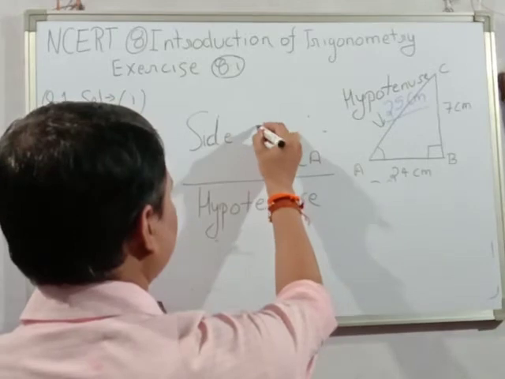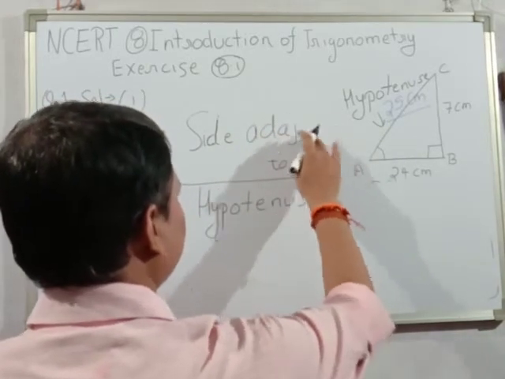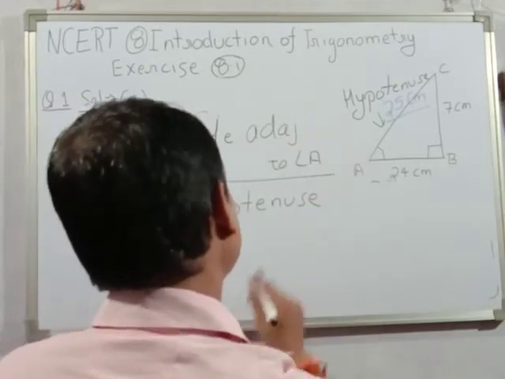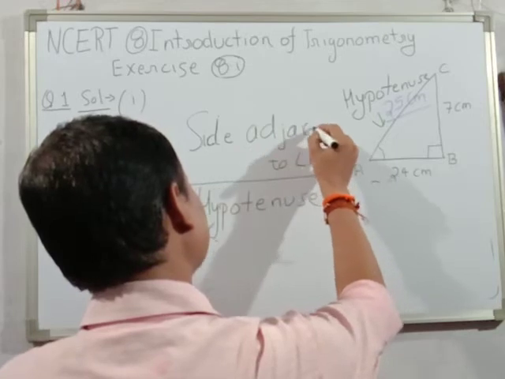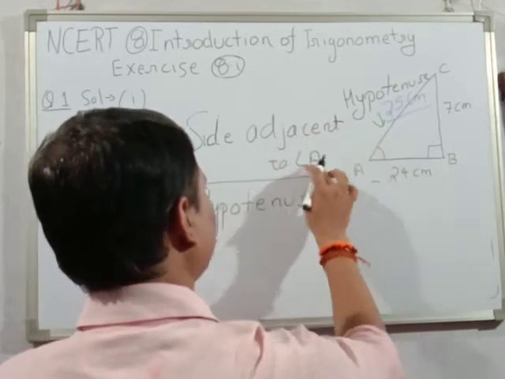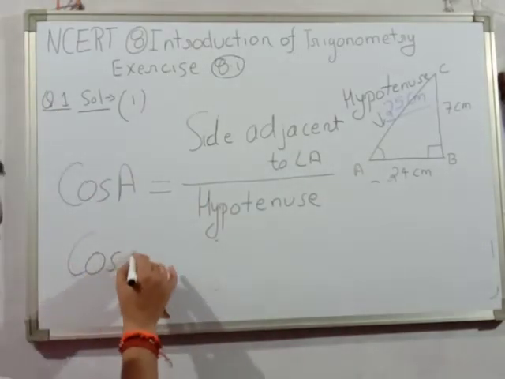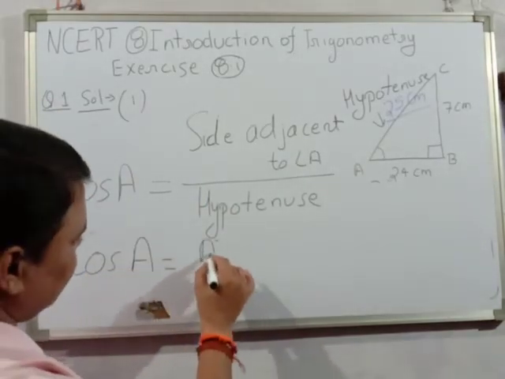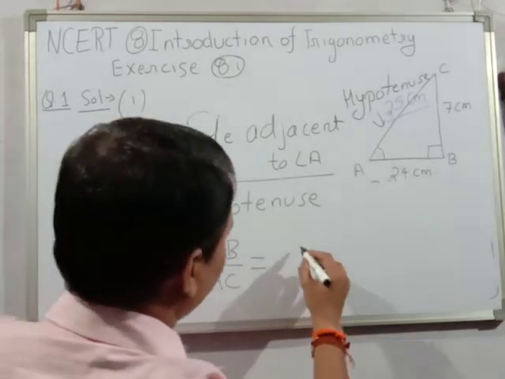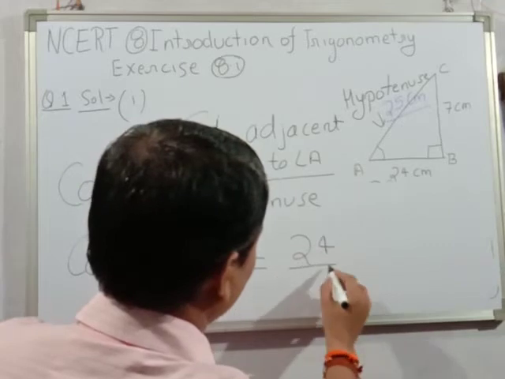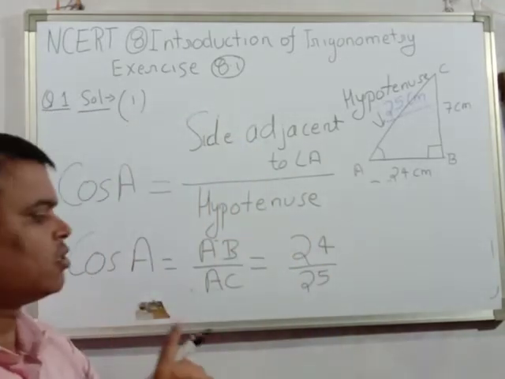So cos A equal to AB upon AC. AB is 24 and hypotenuse is 25.